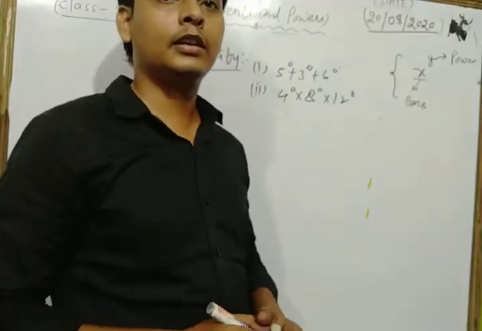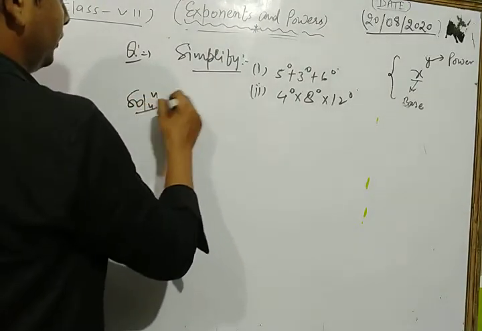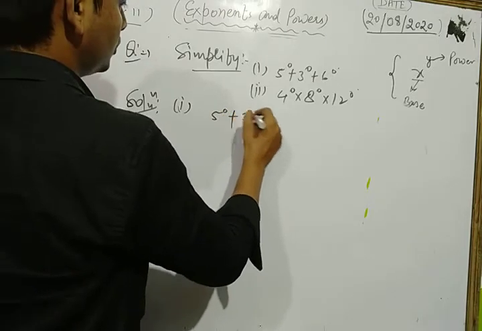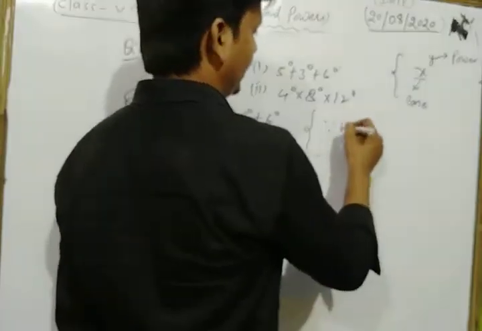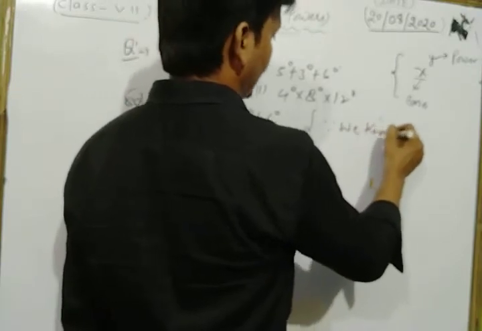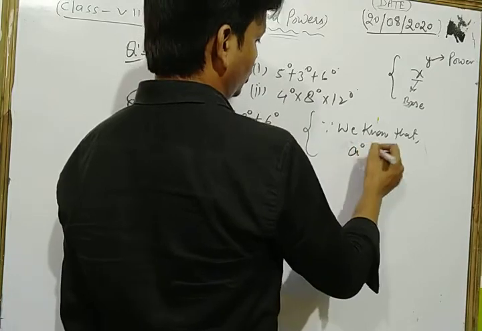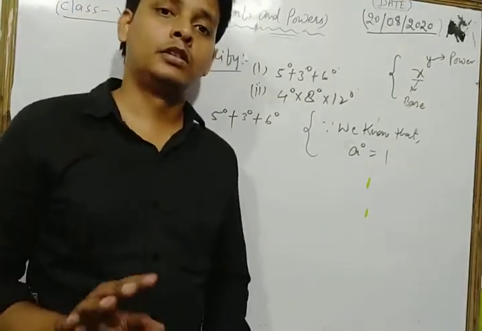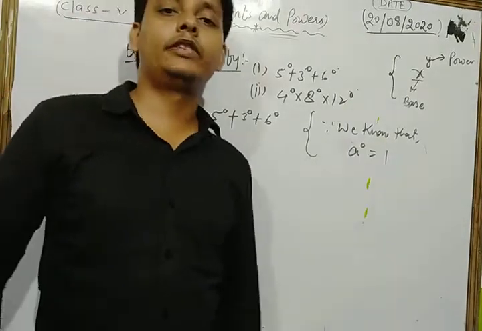Dear students, in that type of question, first we take the first part, which has 5 to the power 0. Since we know that a to the power 0 is always equal to 1, here a is any integer. For any integer, the value of a to the power 0 is always equal to 1.